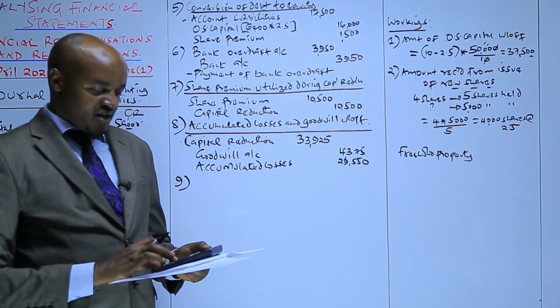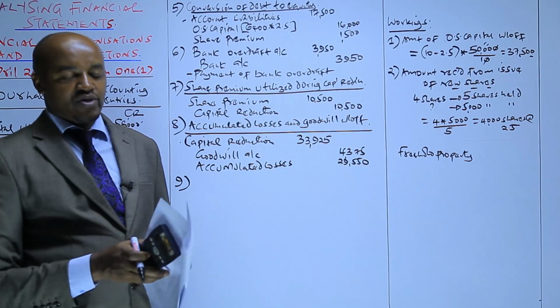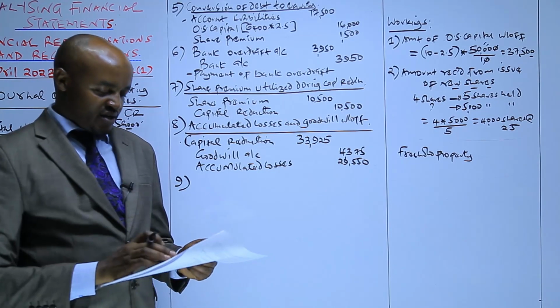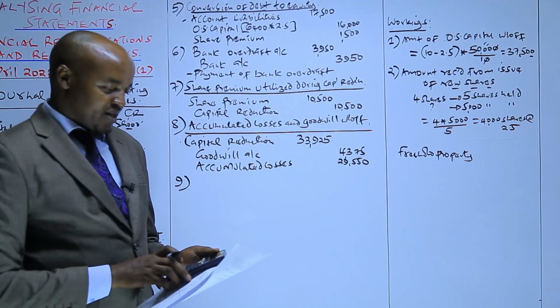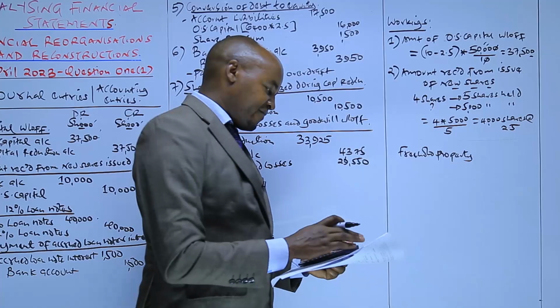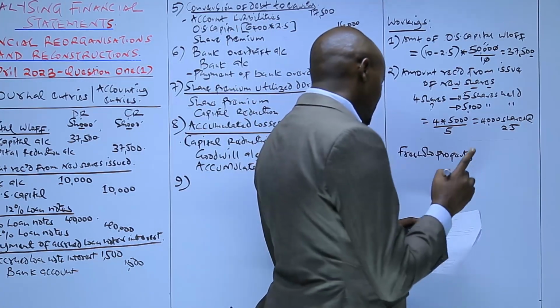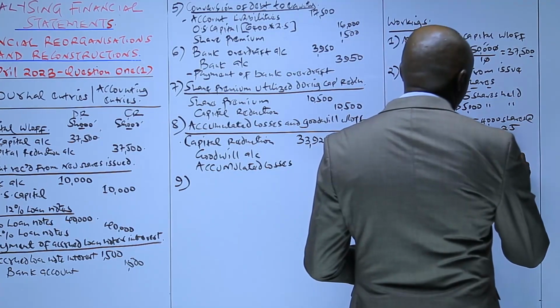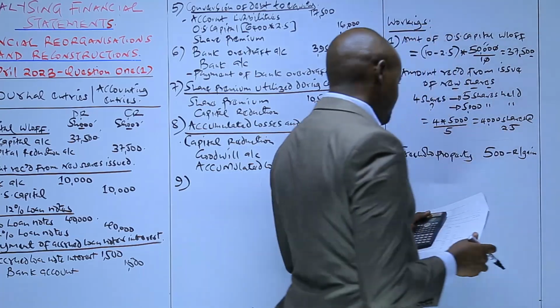So therefore, this particular freehold property was revalued upward because its carrying amount was 48,550, but as per note number 7, it was revalued upward to 49,050. So meaning that this one was revalued upward by 500, and this is a revaluation gain.